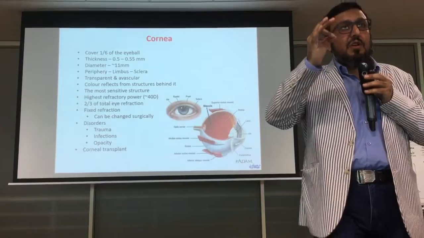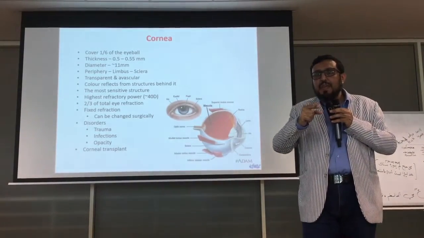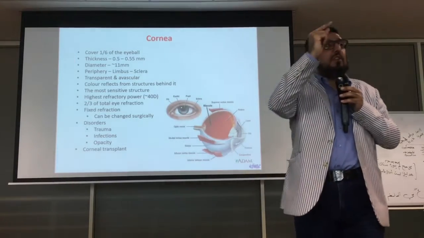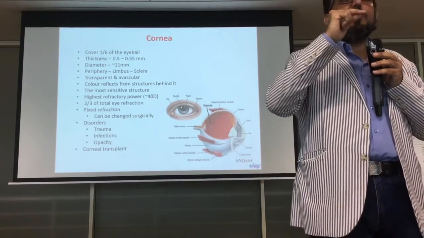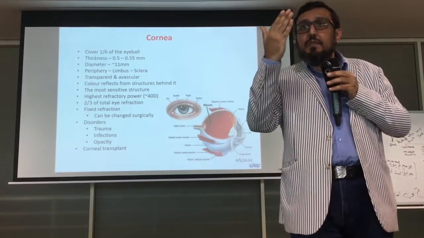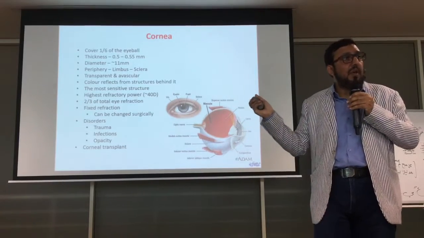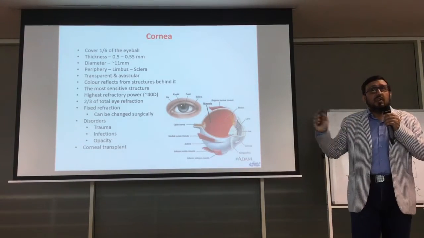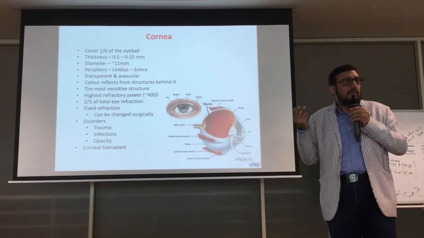So the more the convexity, the more the refraction, and the greater the difference between the two mediums, the more the refraction. That's why, since the light is passing from air to the cornea, the refraction is the highest at this particular point, which accounts for 2/3 of the total refraction of the eye.